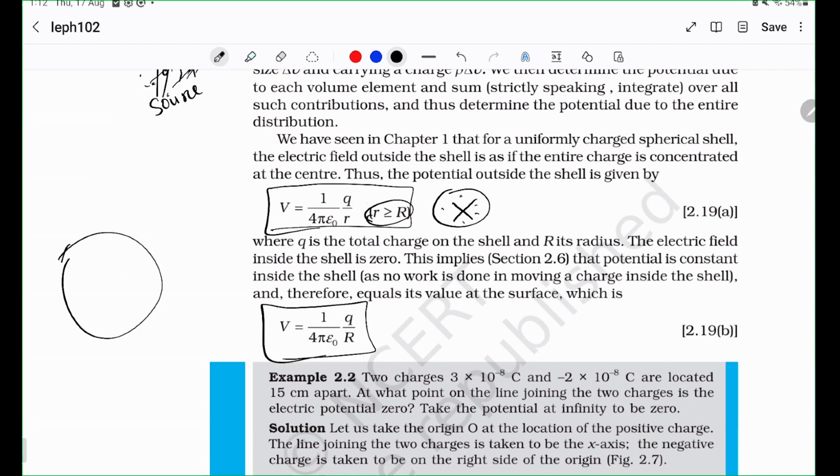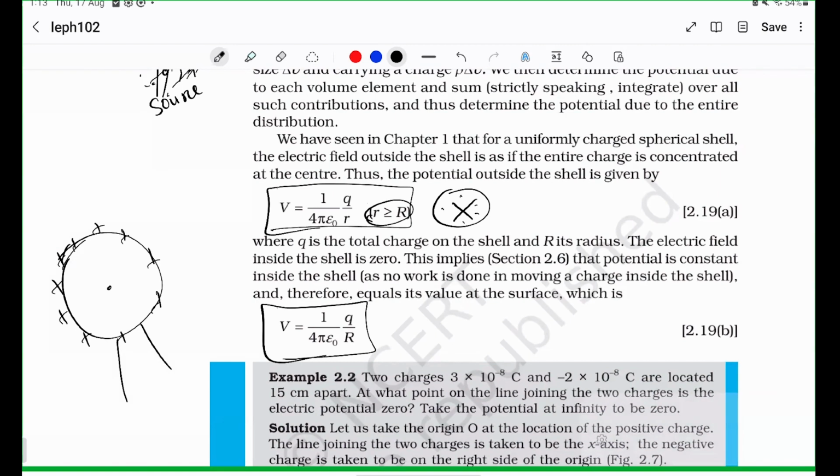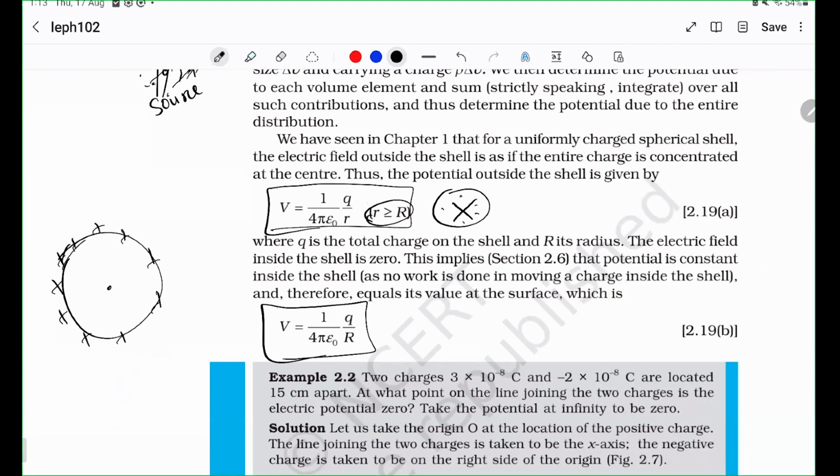And that should make sense, because let's say you have a uniformly charged spherical shell like that. It's hollow, that's what a shell means, so it's all hollow inside. Outside it's going to project an electric field like this, right? Like the sun. I'm very bad at diagrams, but there you go.